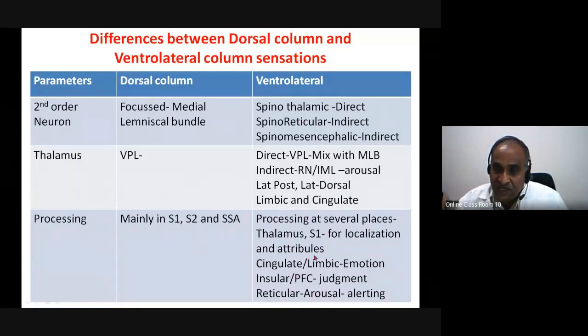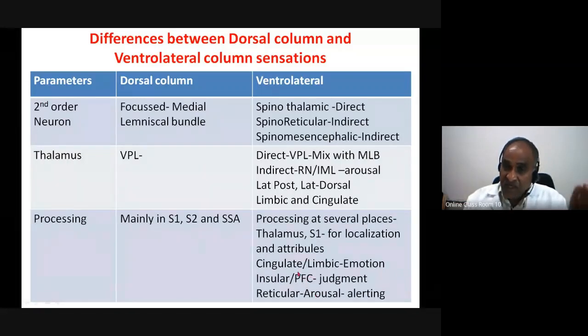In the case of ventrolateral sensations, the processing is done at several places. One, of course, is the thalamic projections to S1, for the localization and attributes of the particular sensory modality. In addition, the thalamic projections that reach the cingulate cortex and the limbic system are meant for the emotional responses associated with a particular modality.